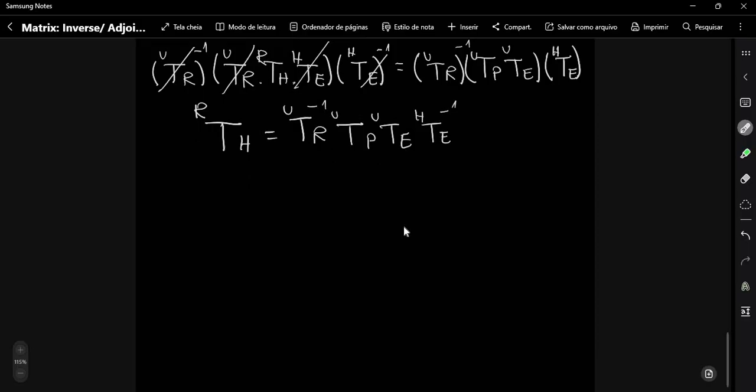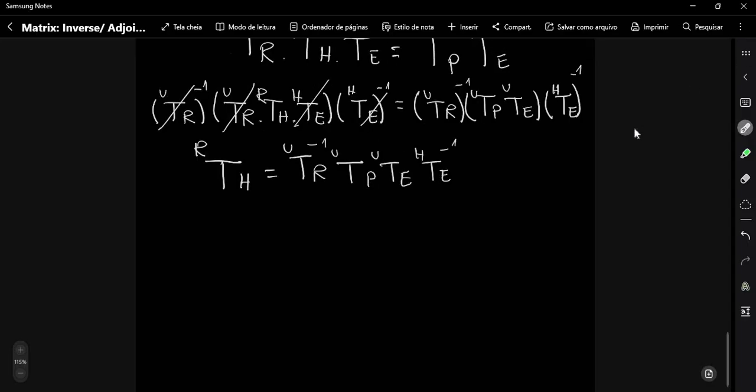And now, as we want a cleaner equation, we use some properties so we can get rid of these superscripts. They are not exponentials, they are superscripts. So we know now that if we multiply a transformation by its inverse, we will obtain the identity.